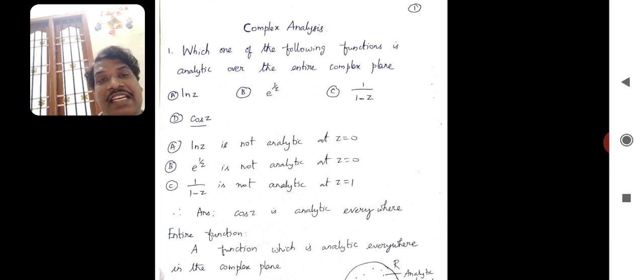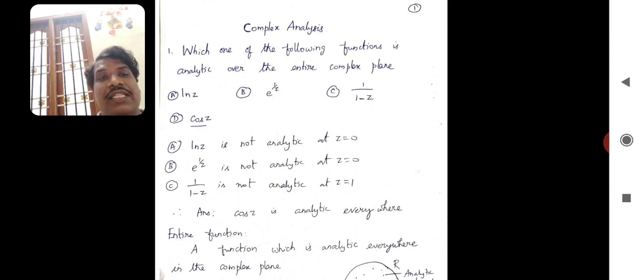Therefore, e power 1 by z is not analytic at z equal to 0, and so it is not analytic over the entire complex plane.